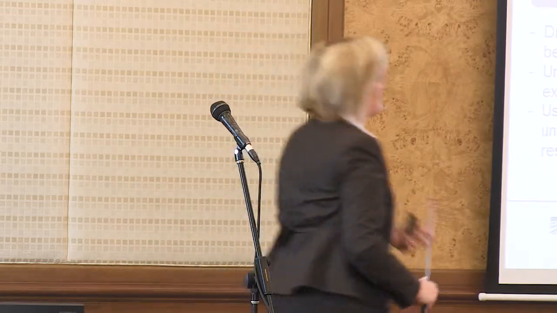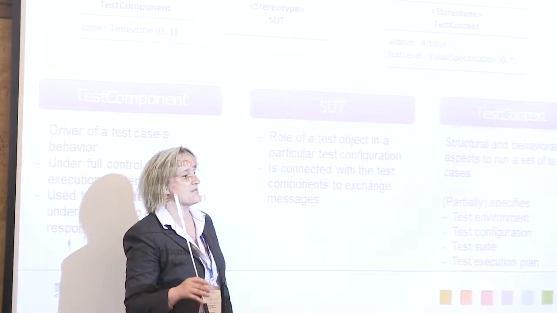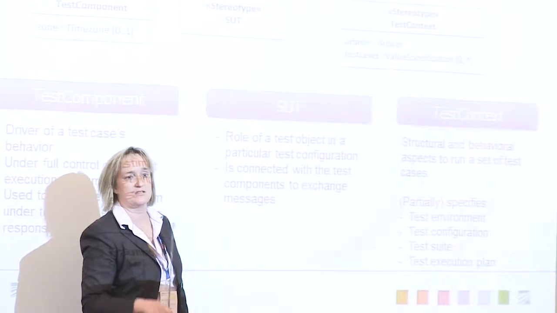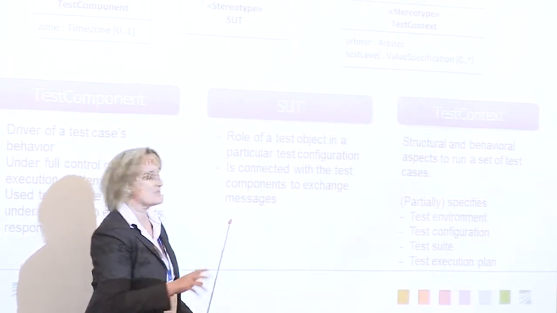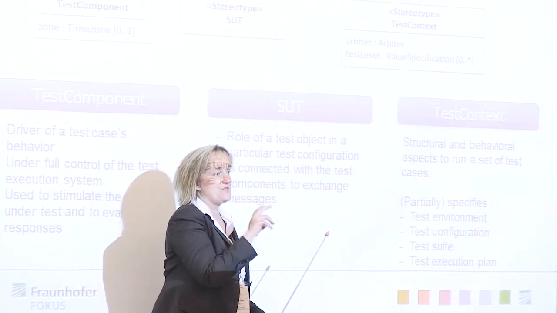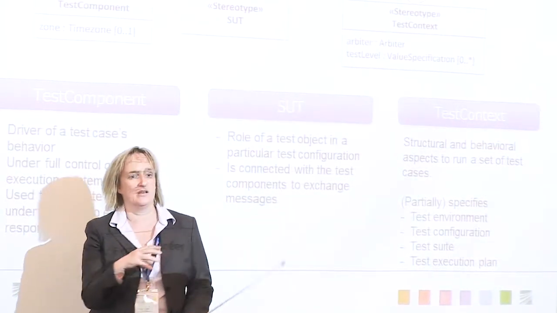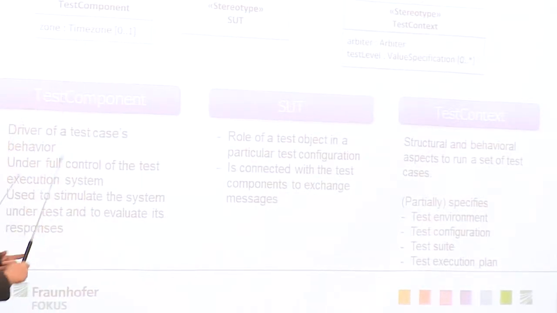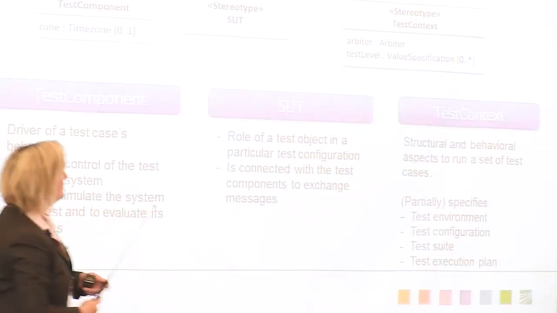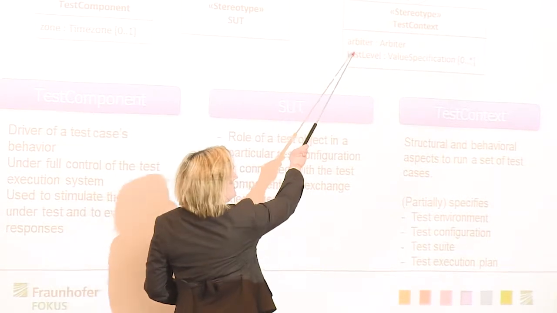A test context can say, this is a functional test context, or this is a performance test context, or this is an interoperability test context, or a security test context. And depending on the test context, the evaluation of the test results can change. Every test component has its own verdict. They contribute to the verdict of the test context.